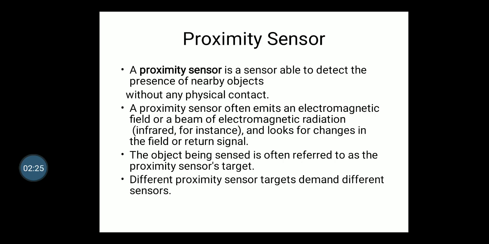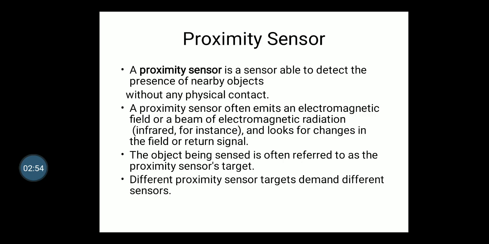This is a very simple working of the proximity sensor. What does it do? It emits an electromagnetic beam or electromagnetic radiation, and looks for the change in the field or returns. Suppose there is an object in the way. It will emit the radiation, and if there is any obstruction, that radiation will reflect back.